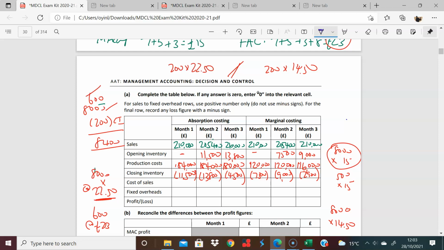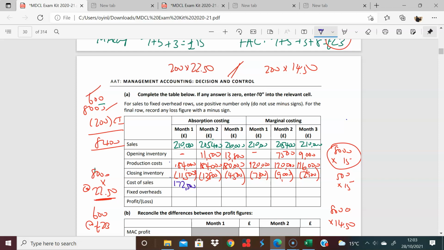So we have 184,000 minus 11,500, and that's 172,500. So how did I get my cost of sales? Production minus closing inventory. How will I get the same thing here? This plus this minus this. That's my cost of sales, isn't it?